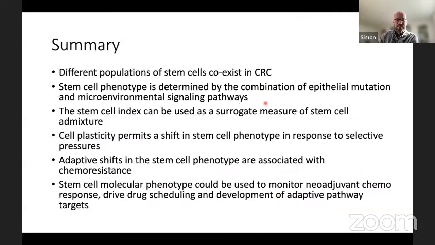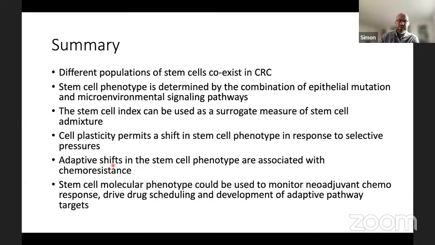I'll try and summarize. Different populations of stem cells coexist in colorectal cancer. The stem cell phenotype is determined by the combination of both the epithelial mutations, but also really critically, the microenvironmental signaling pathways. The stem cell index can be used as a measure of this admixture, and we think that stem cell plasticity shifts this stem cell phenotype in response to selective pressures, and that really importantly, those adaptive shifts are associated with chemoresistance.